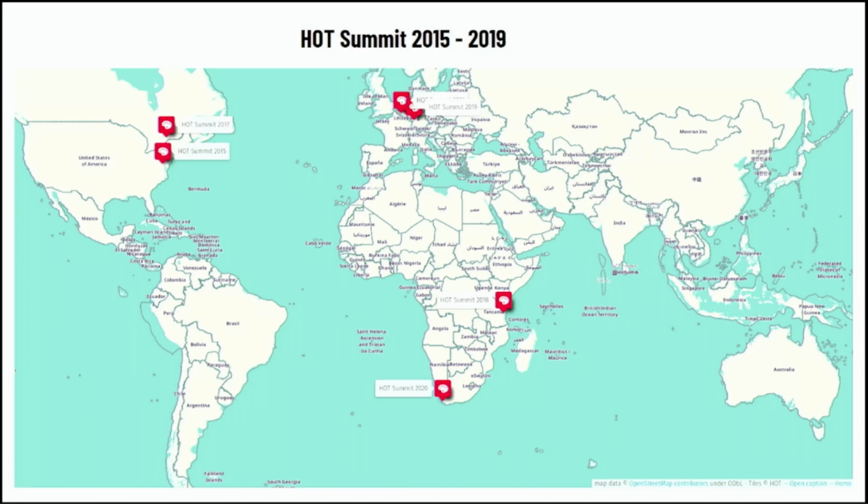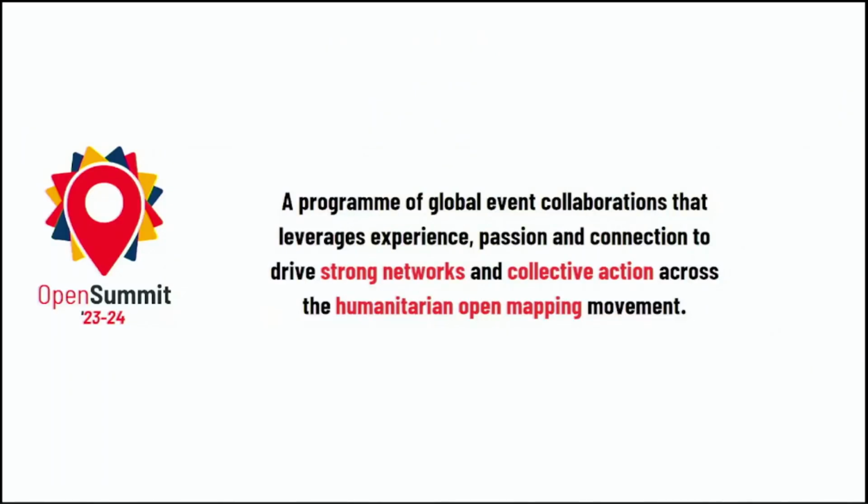But from 2022, we changed the format, and we have what we call the Open Summit. The Open Summit is really a program of global event collaborations that leverage experience, passion, connection to drive strong networks and collective action across the humanitarian open mapping movement.